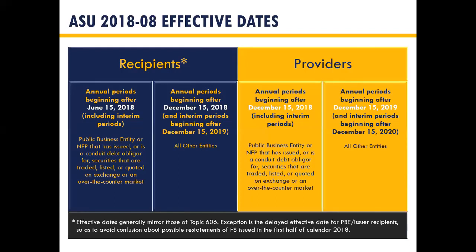So you'll see that there's a little bit of a delayed impact between recipients and providers. And really the reason for this is the providers, it's not looking at the revenue recognition side of the transaction. Those are looking at the expense recognition side of the transaction.